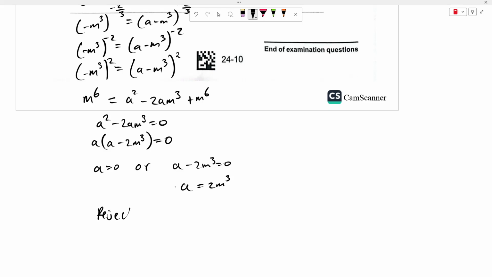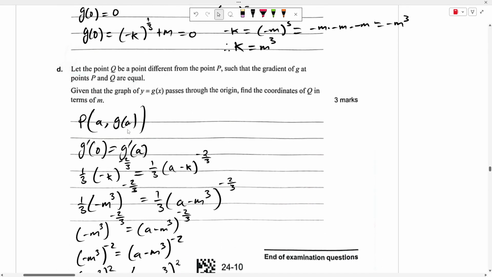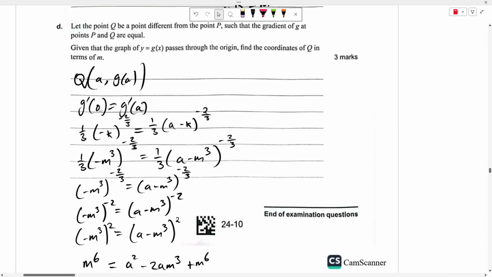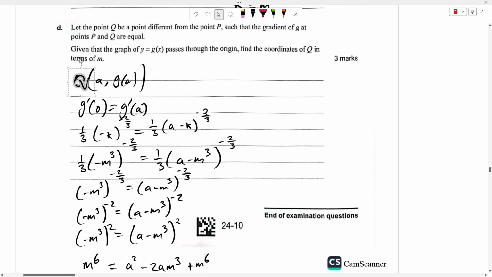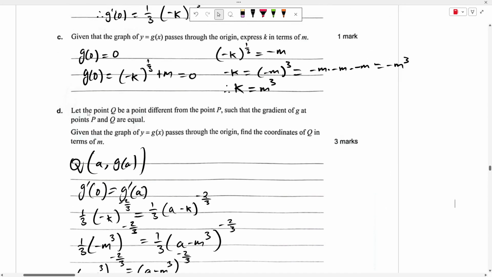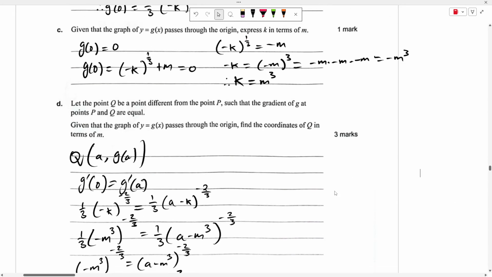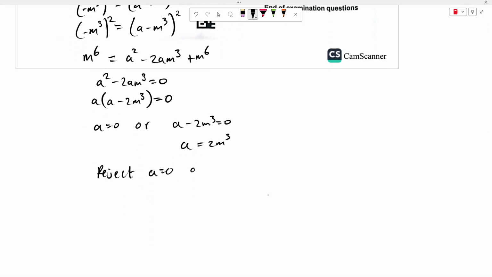Now, we are going to have to reject a is equal to 0. The reason is because if a becomes 0, then Q is just becoming the same as P, just the y-intercept.